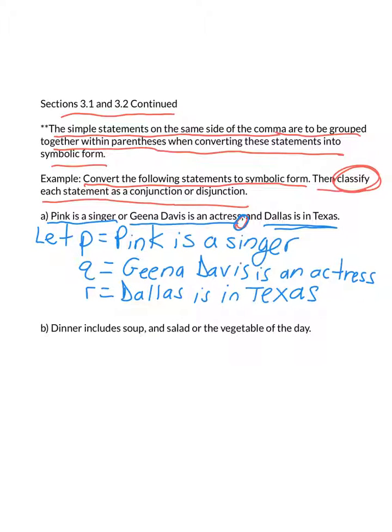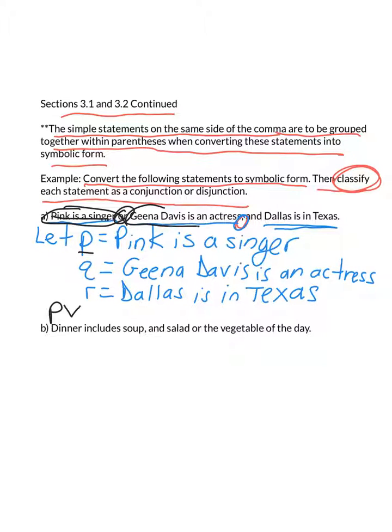The first idea, let's use the black pen here. Pink is a singer was the first idea, which is represented by the letter P. Took care of that, so I'm going to slash through it. Next up is the word or, which is the down arrow, the disjunction symbol that we talked about in the previous video. Check.